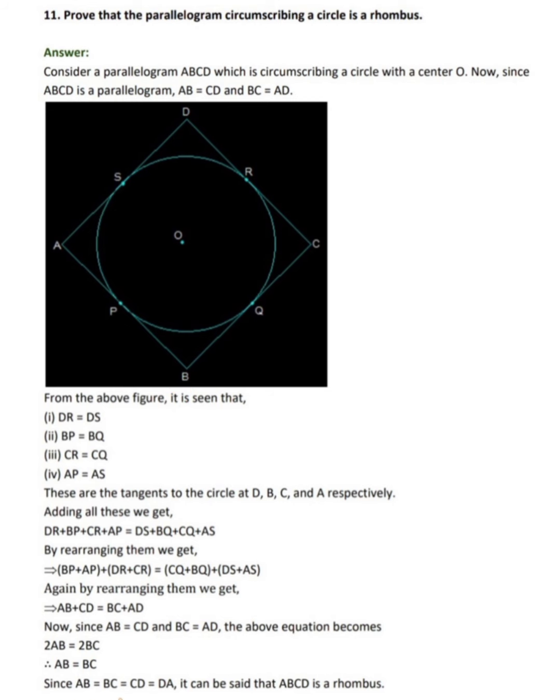Since AB is equal to BC is equal to CD is equal to DA, we got all 4 sides of this quadrilateral ABCD equal. Hence it is a rhombus, because we know that if in a parallelogram all sides are equal, then it is a rhombus.